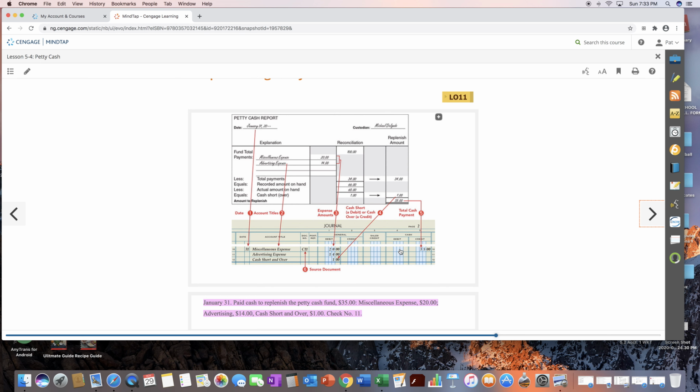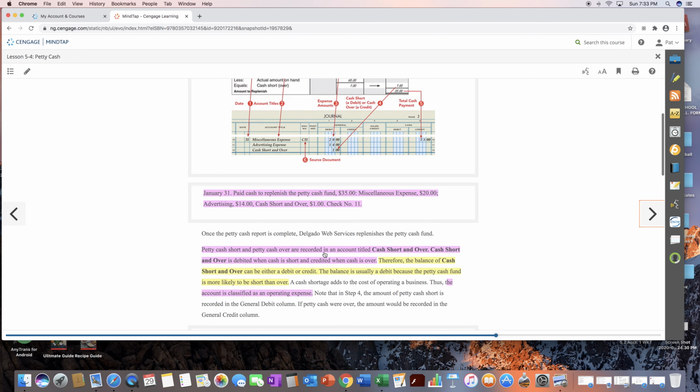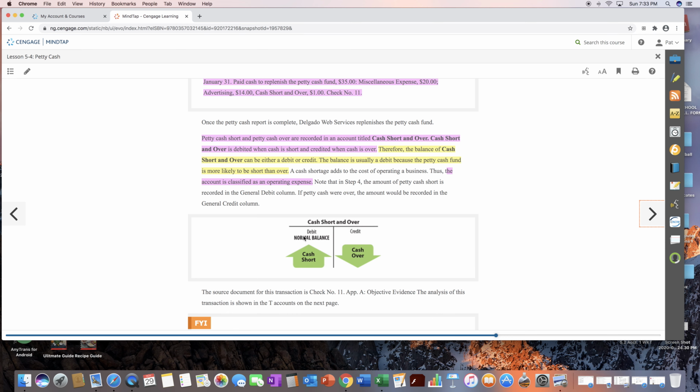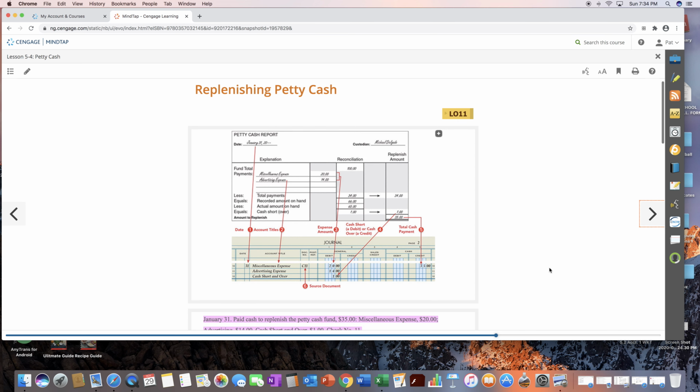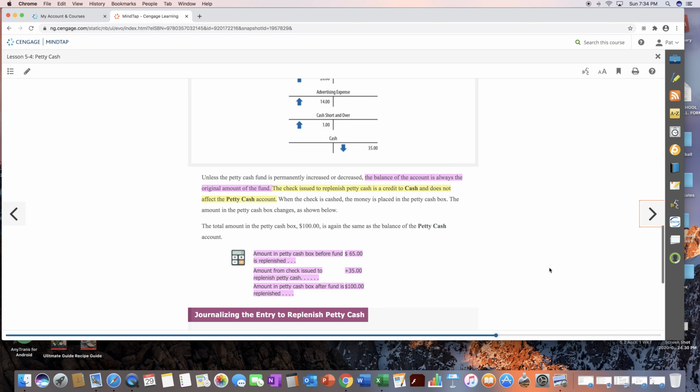These three debits equal the cash credit, 35. If we were over, it would have been $1 put over here, and this amount would have been subtracted with the parentheses of over, and it'd be $33 at replenish. But since it's short, cash short is on the debit side, so you put the cash short amount there, add those three numbers up, and they should equal. That is replenishing petty cash.